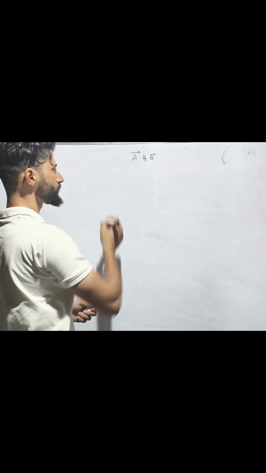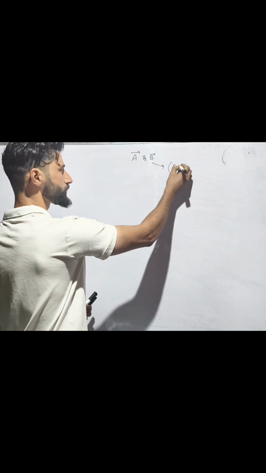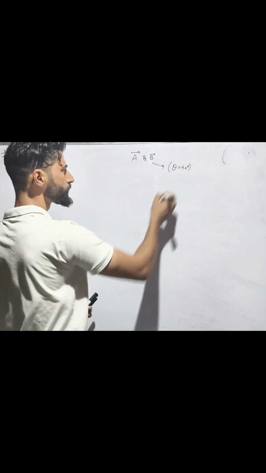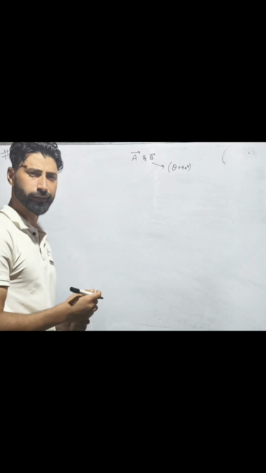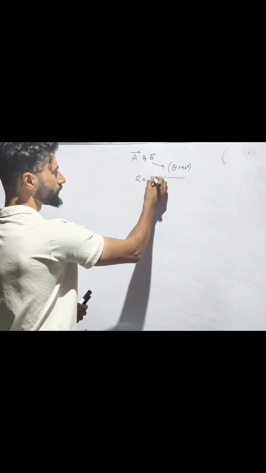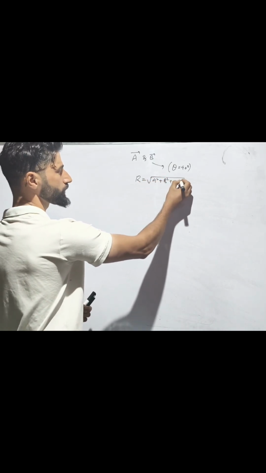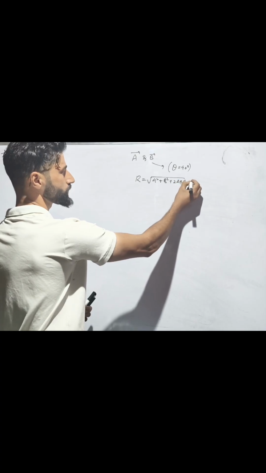I have to find the resultant of these two vectors when the angle between them, that is theta, is equal to 90 degrees. Since we have already studied that the resultant R is given by under root of a square plus b square plus twice ab cos theta.